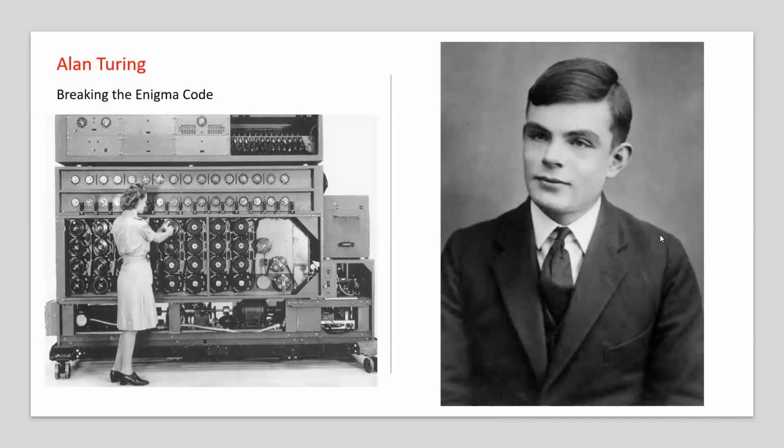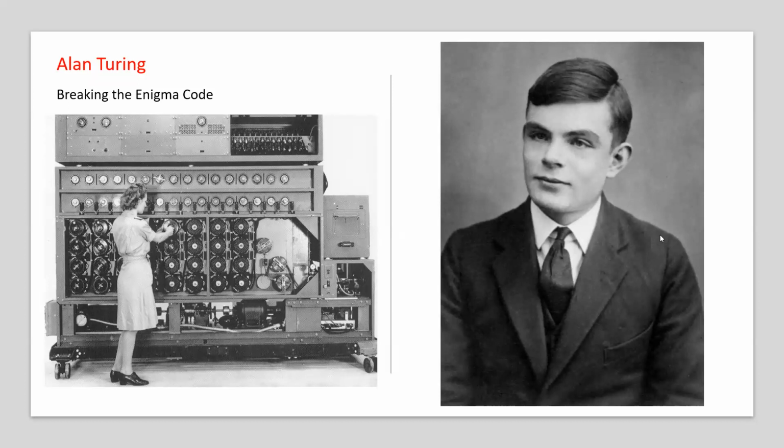He was a mathematician and a genius. And when he was very young, in his 20s, he was able to find the patterns in the secret messages that Germans were communicating with.